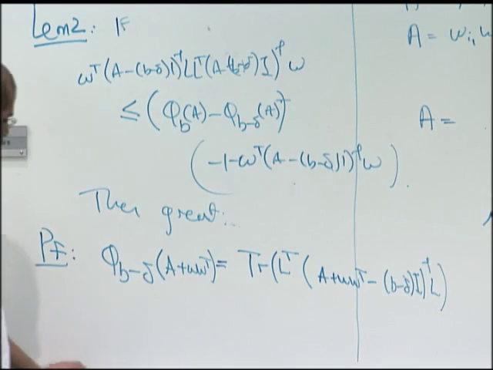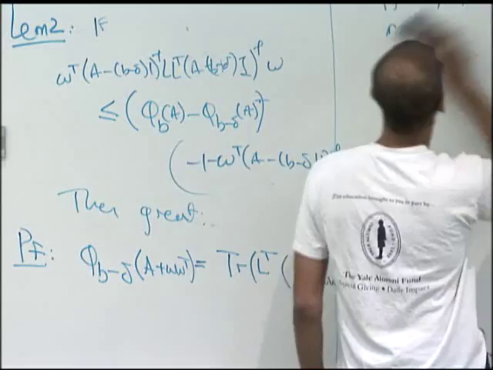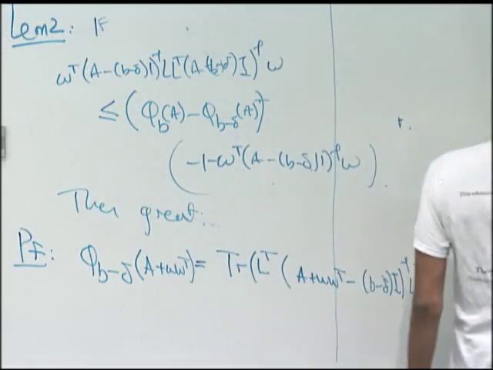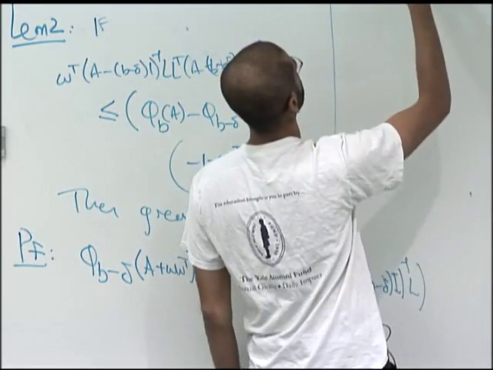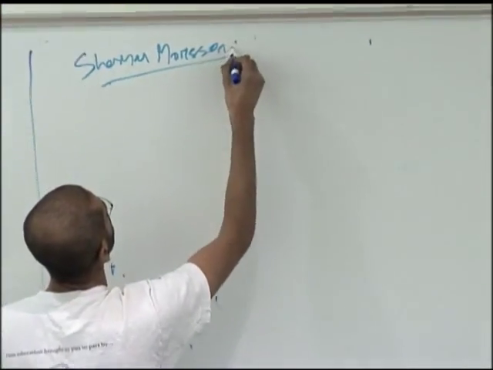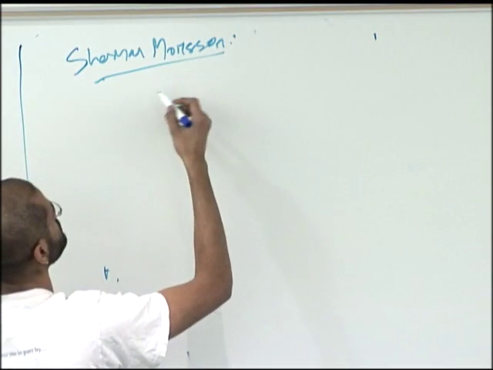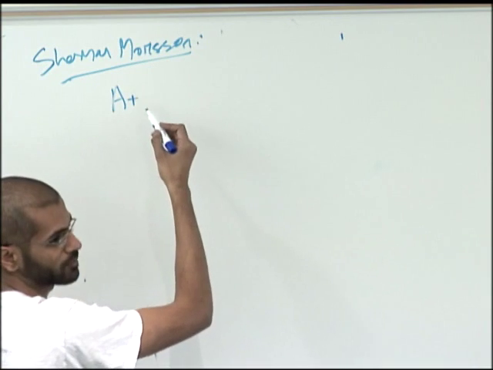Now there's something called the Sherman-Morrison formula, which gives you the formula for the inverse of a rank 1 update of a matrix.